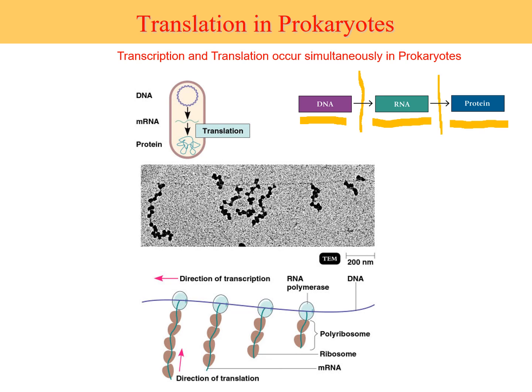transcription and translation. I can tell you that what happens in prokaryotic organisms like bacteria is that transcription and translation are actually occurring simultaneously, and the translation is occurring very rapidly at the multiple ribosomes that attach to the messenger RNA.